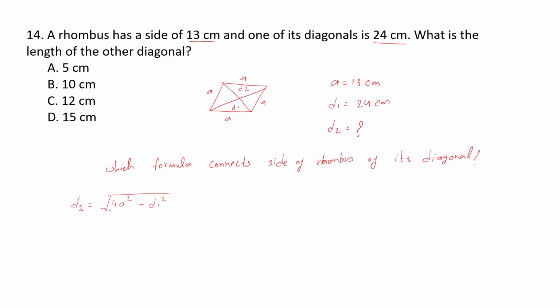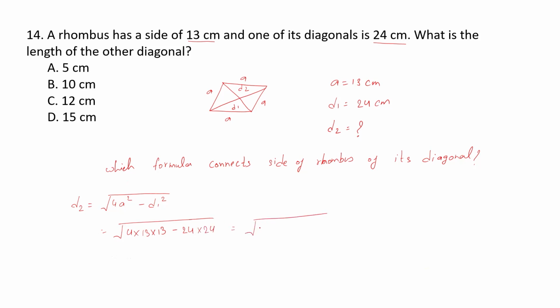So one diagonal is given and side is given. How to compute the other diagonal? Using this formula. Under root 4 times A, A is 13, right? 13 into 13 minus D1, which is 24, 24 into 24. This calculation we have to do.